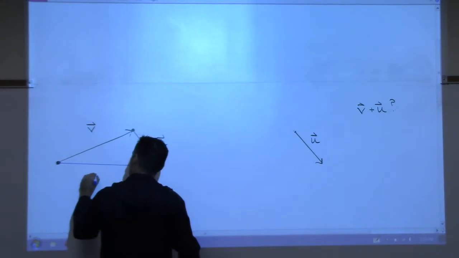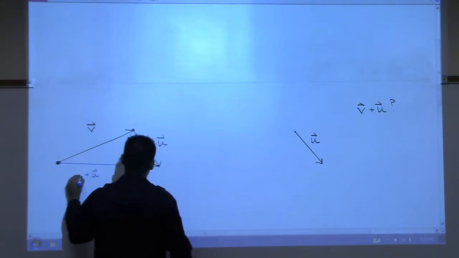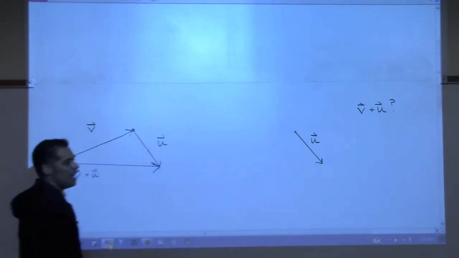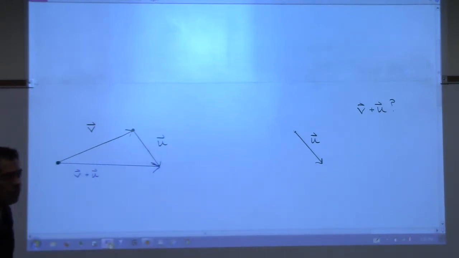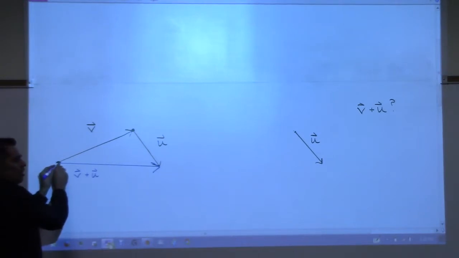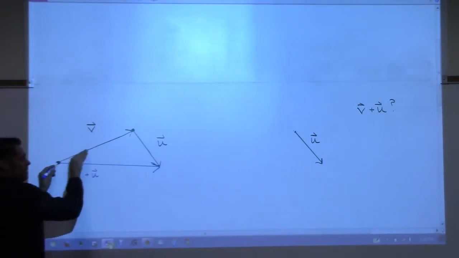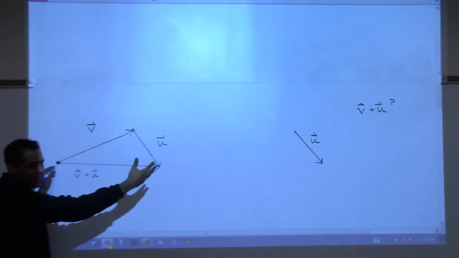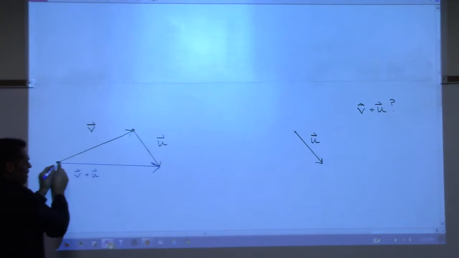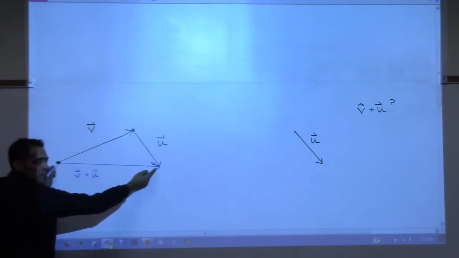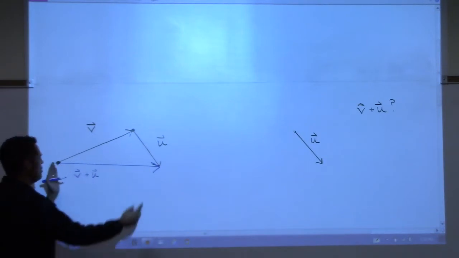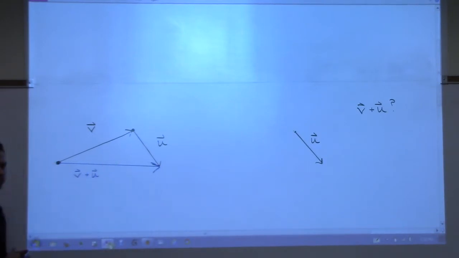This vector is V plus U, and that vector has a direction. See its direction? The way you can imagine it is, if you started here, vector V does this, vector U does that, and the net result is that you are really pointing from here to here. This new vector has a new length and a new direction, doesn't it?